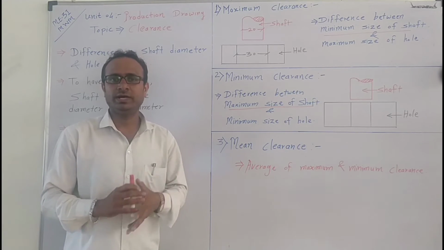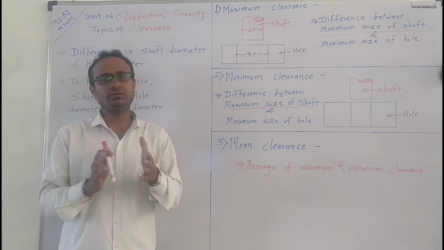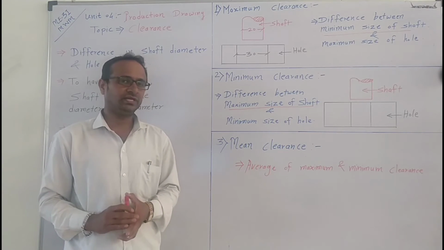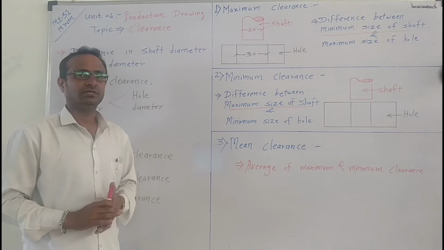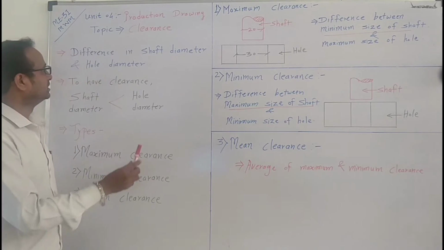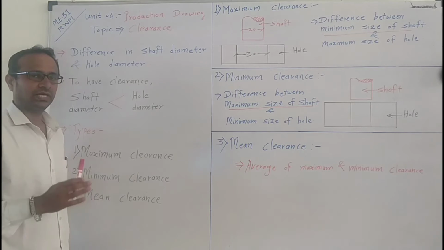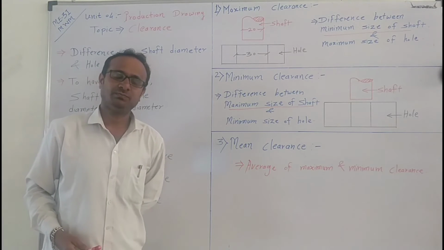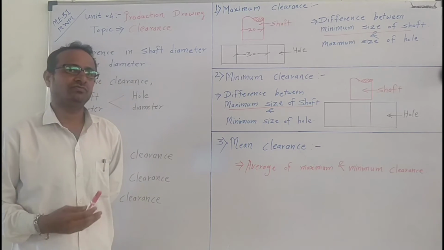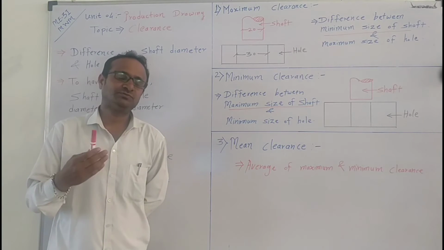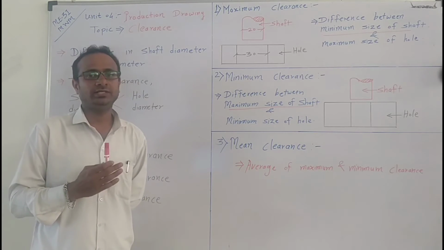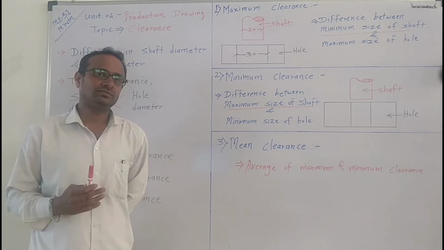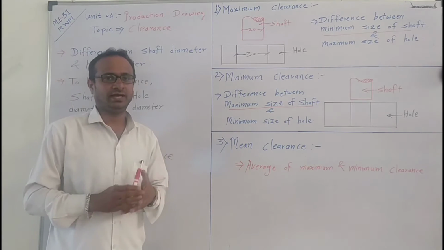Not only automobiles, but in other mechanical applications also, we are using the shaft and hole basis system. For this purpose, we have taken the shaft and hole basis system for explaining the clearance. In the previous lecture, we studied the types of fits. For this also, we use the hole and shaft basis system because it is easy to understand.